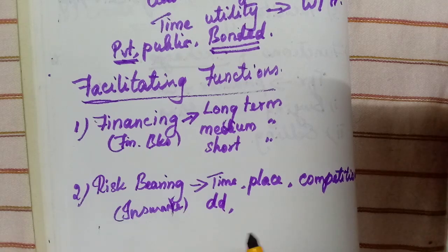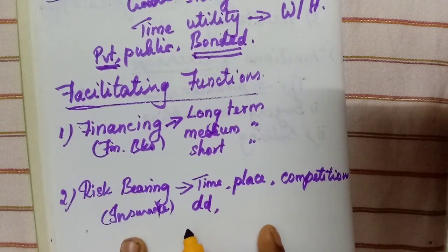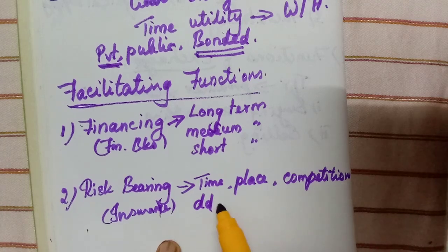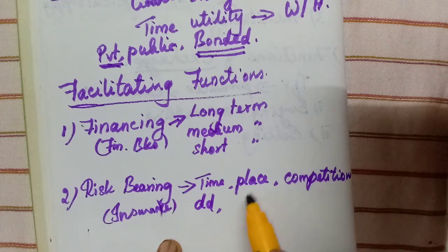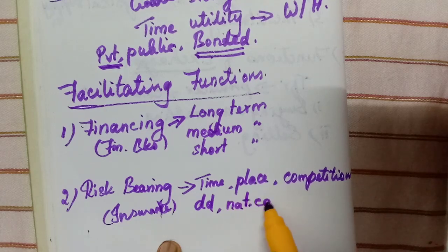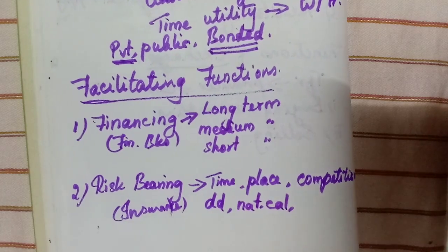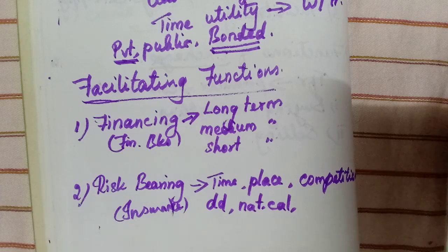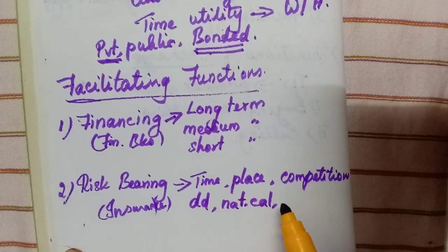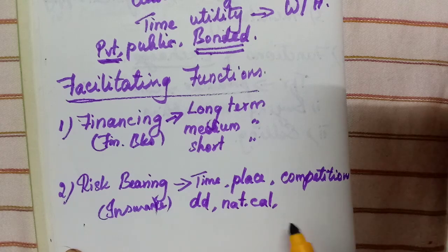Now the demand may be very large, but after 2-3 months there may not be any demand for the products. Then there is a risk, isn't it? Then natural calamities, flood or sudden storm, heavy rain, because of this also there are many risks, isn't it? Then human risk.